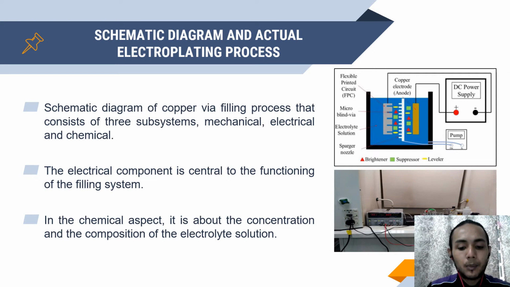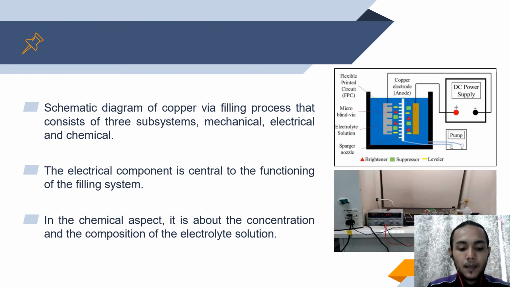The electrical component is central to the functioning of the filling system, while the chemical aspect is about the concentration and composition of the electrolyte solution. The mechanical part is also central to the quality of copper via fill. The mechanical component consists of a sparger nozzle, FPC holder, a pump, and a filter.